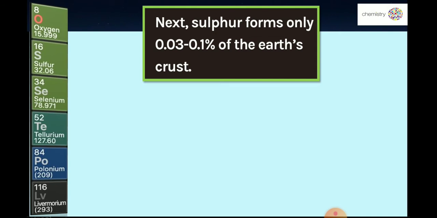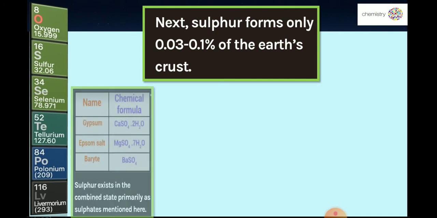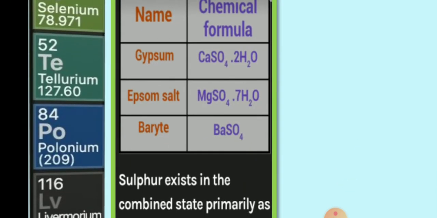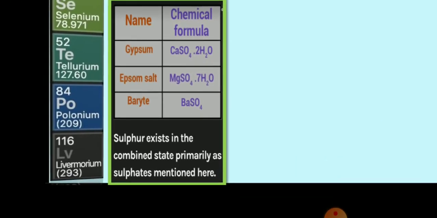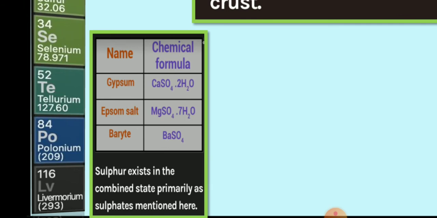Oxygen 46.6%, whereas sulfur only 0.03 to 0.1% of the mass of the earth crust, in the combined form of sulfates: gypsum, CaSO4.2H2O, Epsom salt, which is magnesium sulfate, MgSO4.7H2O, or barium sulfate, which we call barytes.